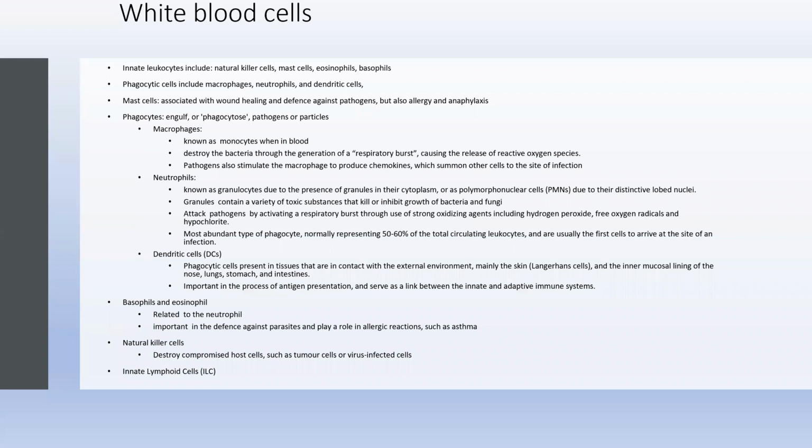The second cells which are important are neutrophils and dendritic cells. Those are the phagocytic cells. When you go to the basophils and the eosinophils, there are some similarities between these cells, but it is important for you, when you go also to microbiology, to understand that these are going to be important in parasitic infection.